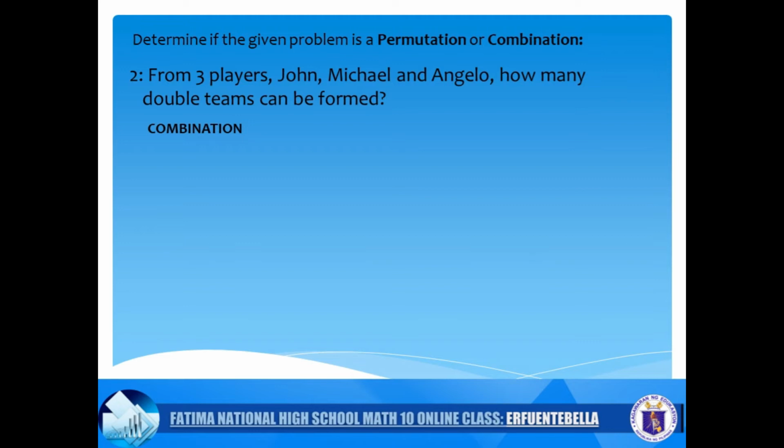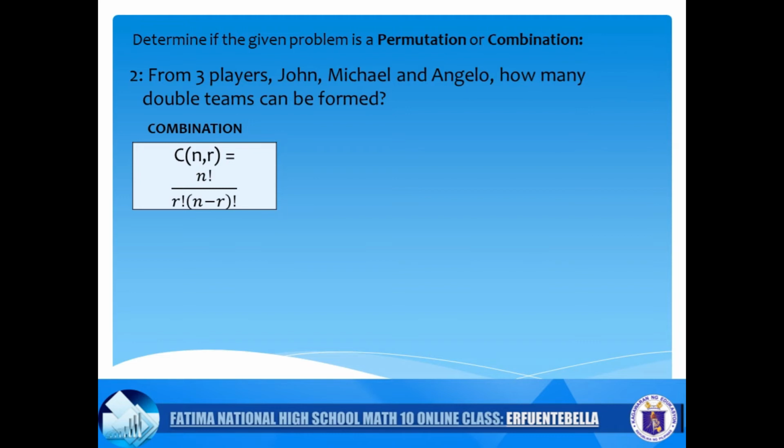Okay, so this is combination because if we choose John and Michael, the same also as Michael and John. So since it is combination, we will apply the formula for combination, which is equal to n factorial over r factorial times the difference of n minus r factorial.